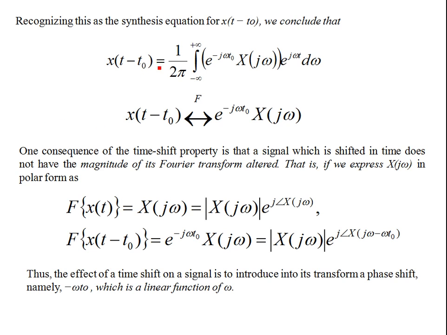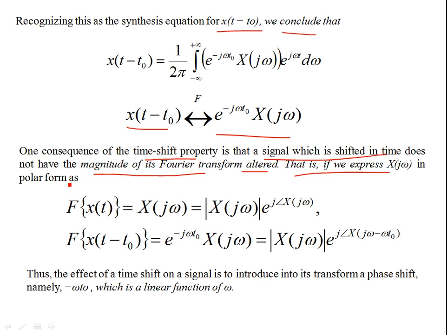So recognize the synthesis equation for x(t minus t naught). We conclude that x(t minus t naught) has a Fourier transform pair e^(minus j omega t naught) X(j omega). One consequence of the time shift property is that a signal which is shifted in time does not have the magnitude of its Fourier transform altered. There is no change in the magnitude response.